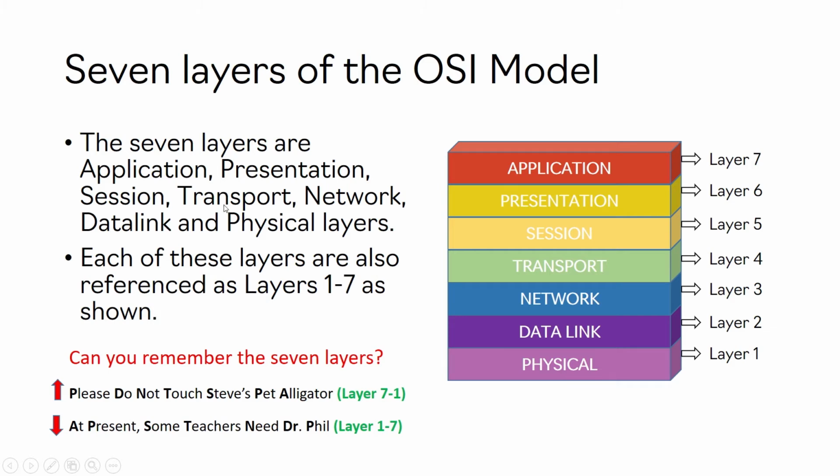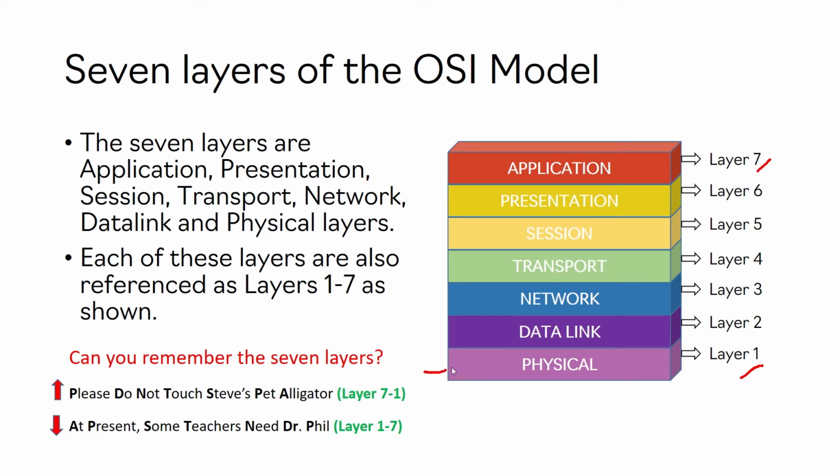So what are the 7 layers of the OSI model? These are given here, and you would see from the diagram here that each of the layers are numbered from layer 1 all the way through to layer 7. And what are these layers?